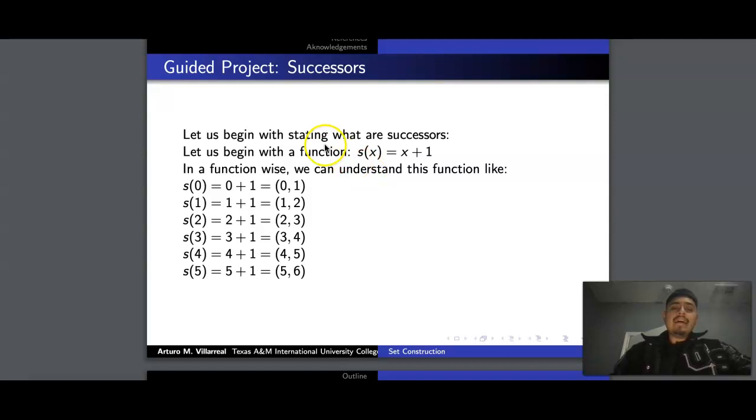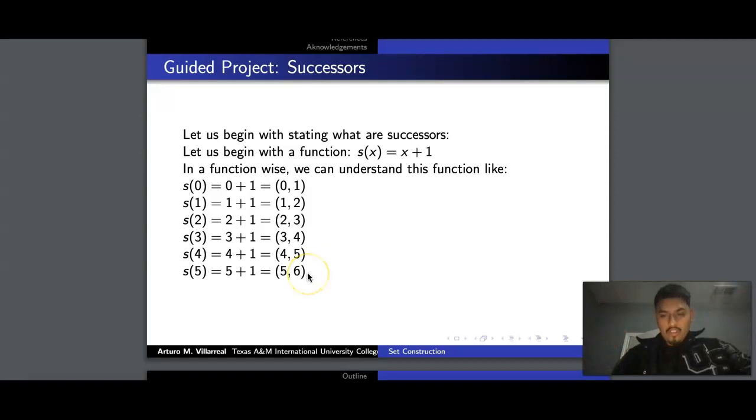Basically, in set theory, this leads to the idea of a set starting from an empty set, and it goes on like that.